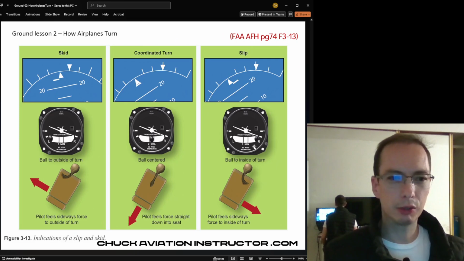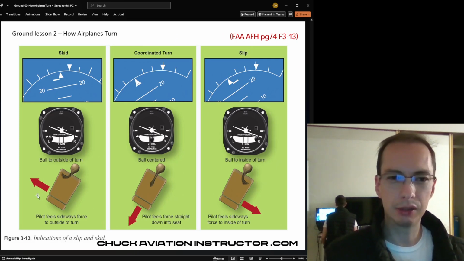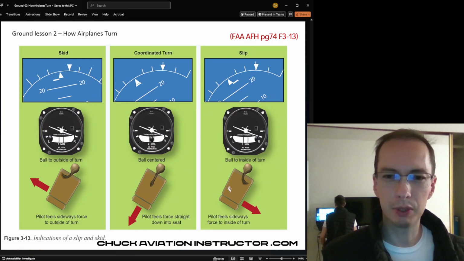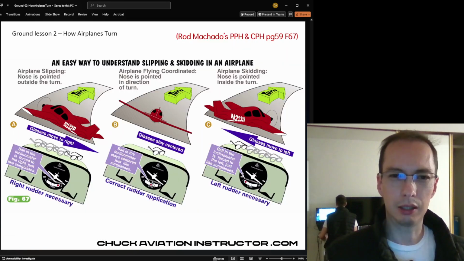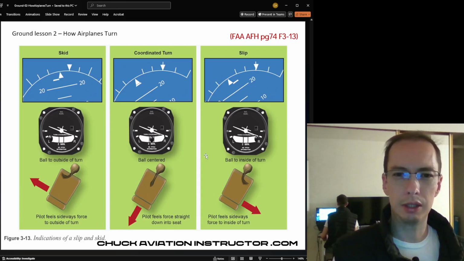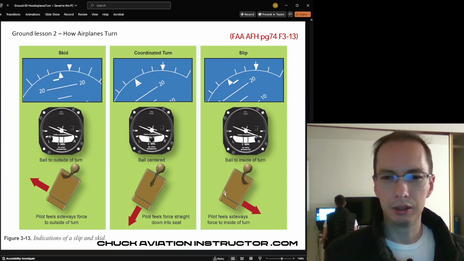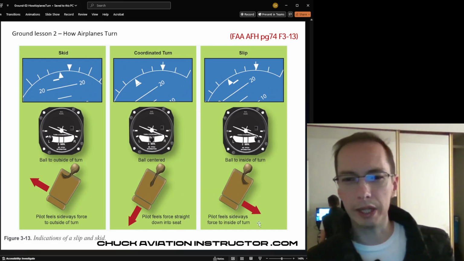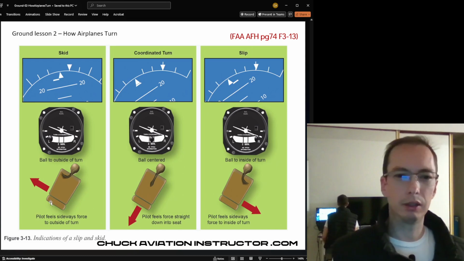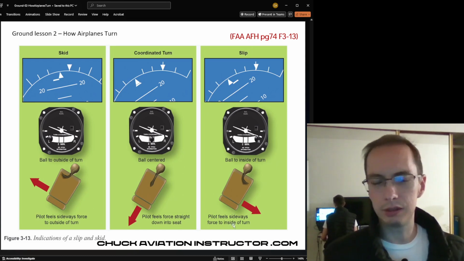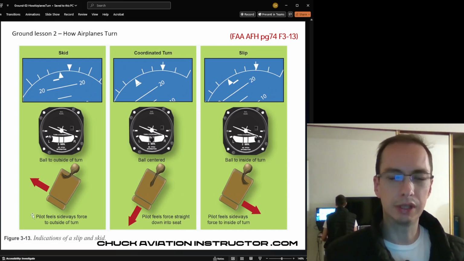And here's another illustration about the seat of the pants thing I talked about. This is the one from the FAA Airplane Flying Handbook. Rather than giving an example with glasses that slide to either side of the glare shield, the Airplane Flying Handbook uses the pilot's hair and how the pilot feels sideways, inside slipping, outside of the turn skidding.